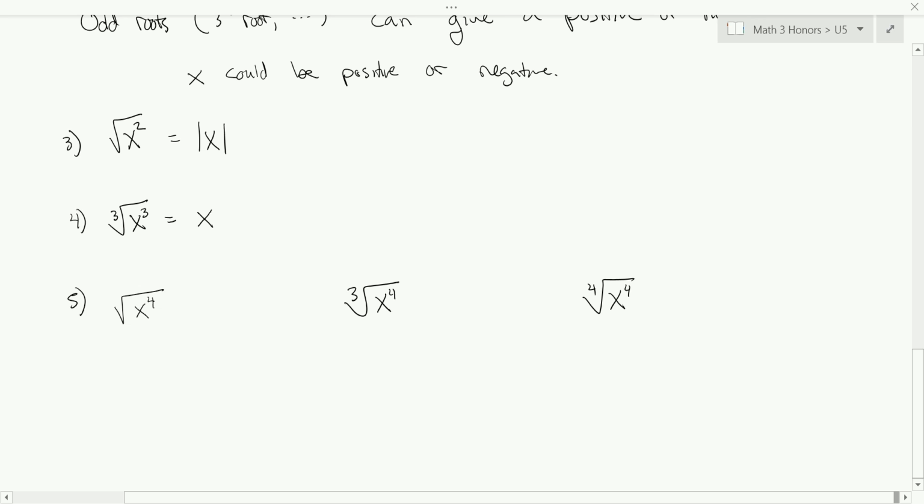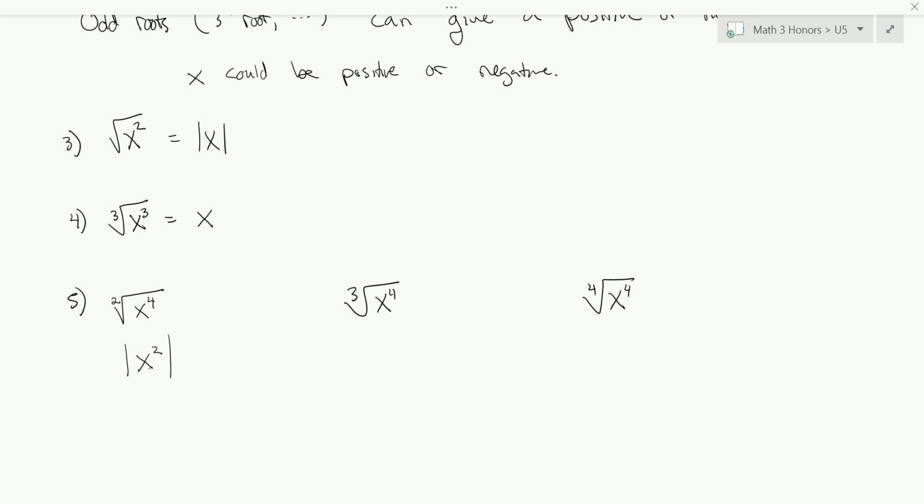So our root here is 2, and so we divide our power by the root, and so 4 divided by 2 gives me 2, so I get x squared as an answer, and I need to make sure that's positive. But is x squared already positive? If x were negative, would x squared give me a positive answer? So do I need to put the absolute value around?